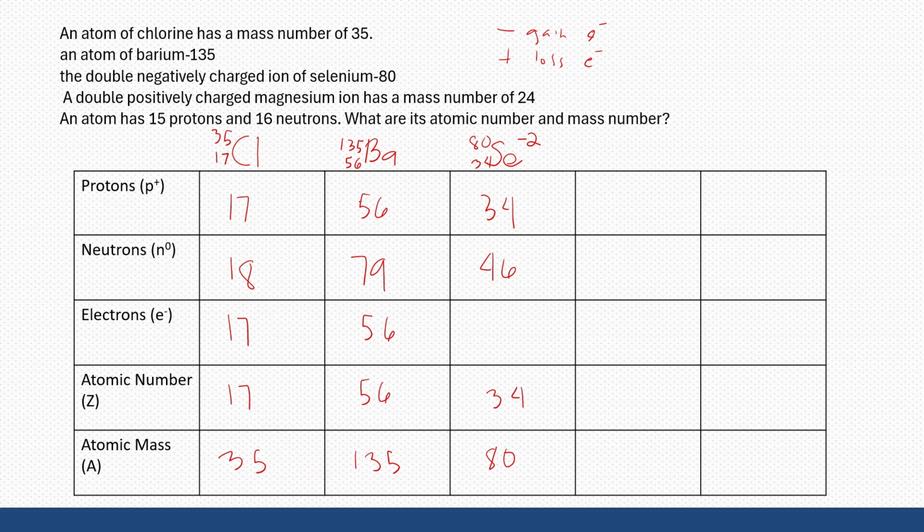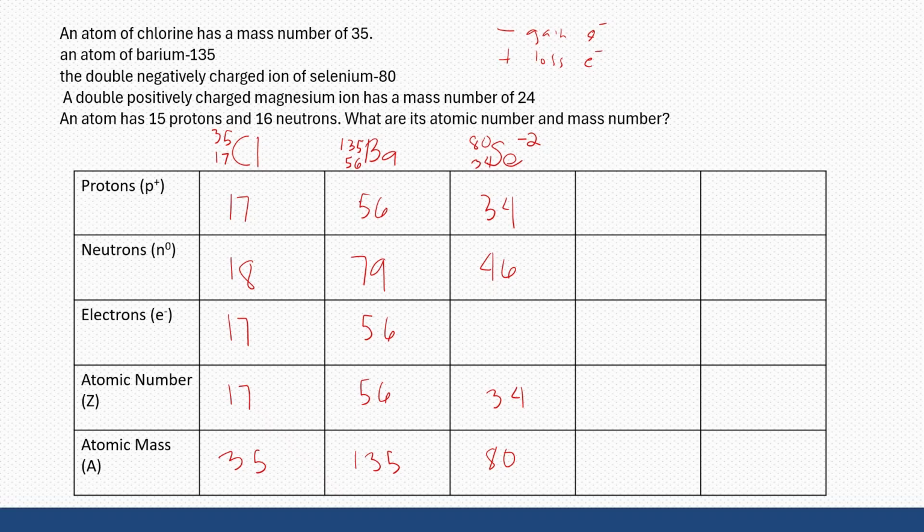Now, in atoms, earlier, the number of electrons is the same as the number of protons and the atomic number. Now, when we have ions or charges, remember that we either gain or lose electrons. Therefore, for ions, it would have a different number of electrons.